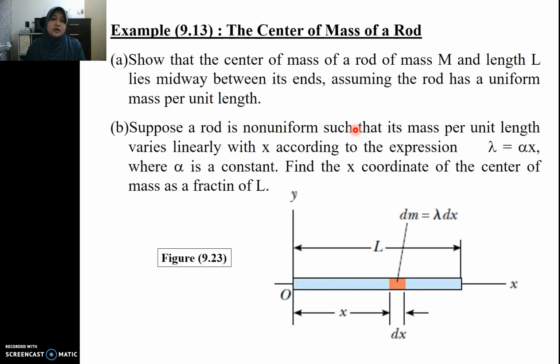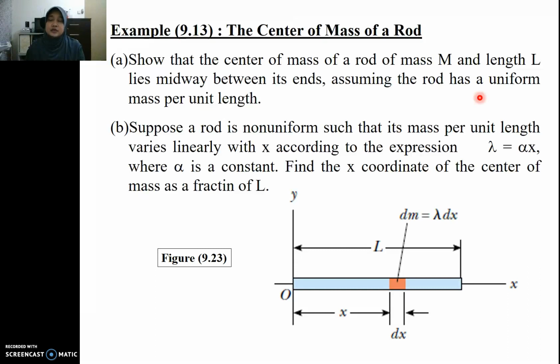Now let's look at an example where we have a large number of particles aligned in a line. You are asked to find the center of mass for this rod, assuming that the rod has a uniform mass per unit length.